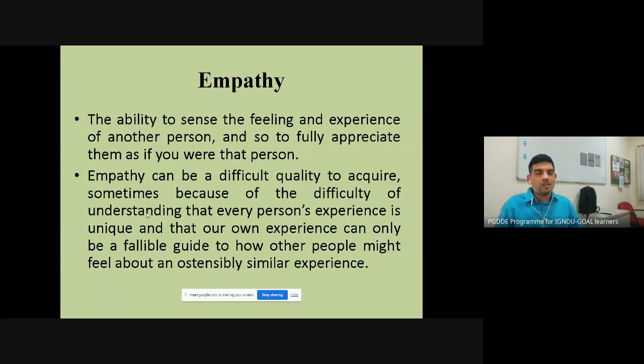Unless one listens to the learner, how can the counselor identify what exactly that learner would like to communicate? That's why one has to be a good listener first, and then try to communicate or provide information or advice or counseling based upon the requirements. Okay.